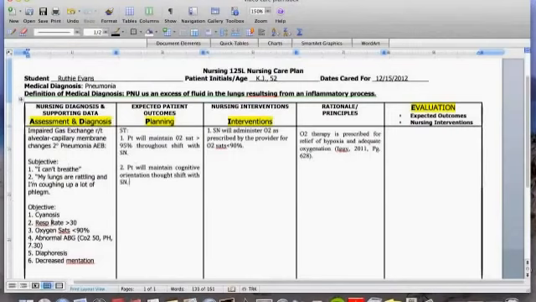Because down here in our objective information, we noticed that our patient has this decreased mentation from the lack of oxygen.